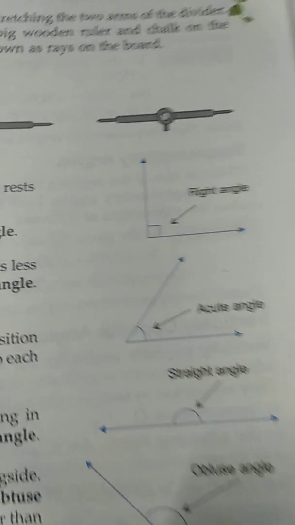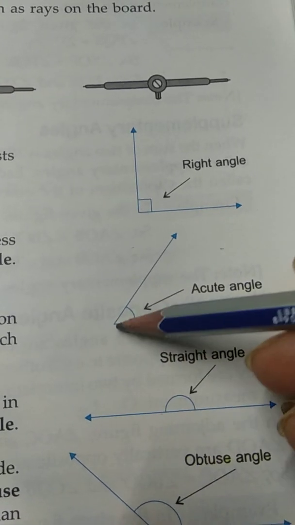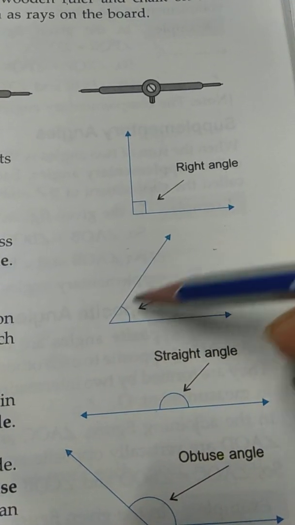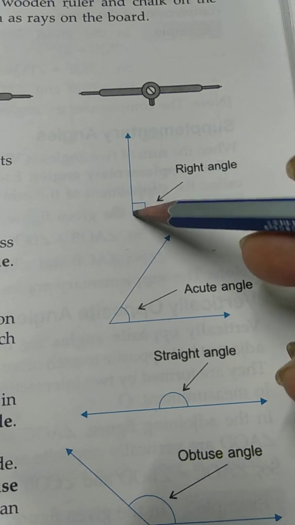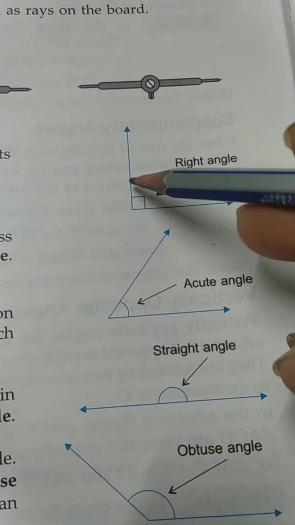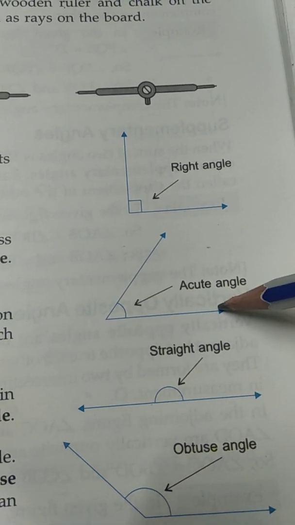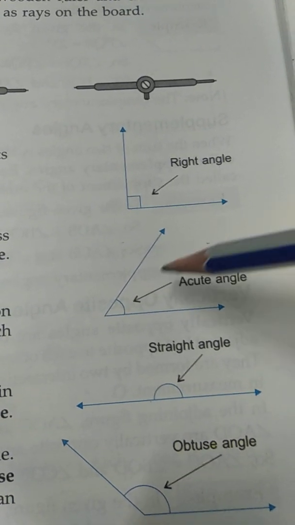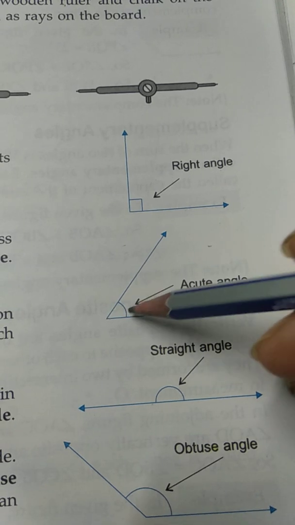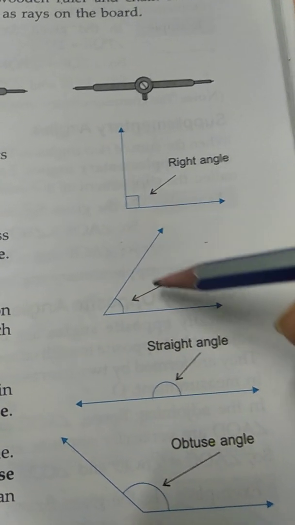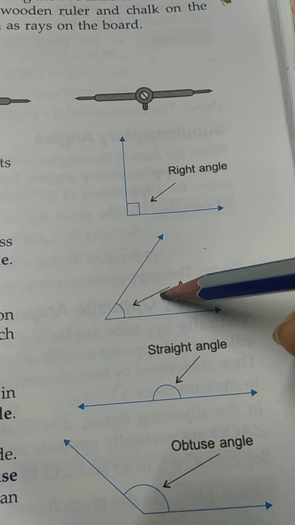Now, if this is 90 degrees and I stretch one arm inward, with the straight line at the bottom staying there, then the angle that forms is less than 90. So this will be an acute angle.